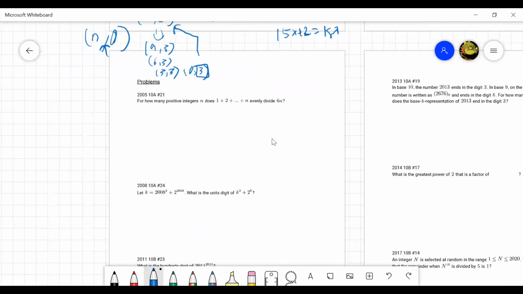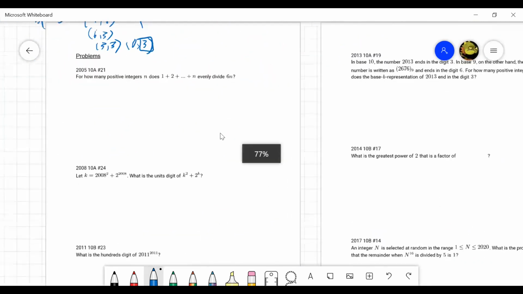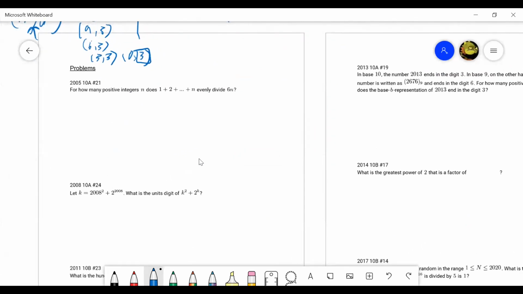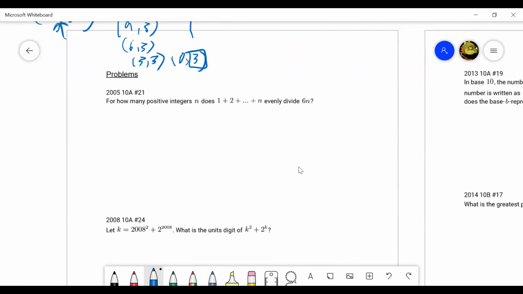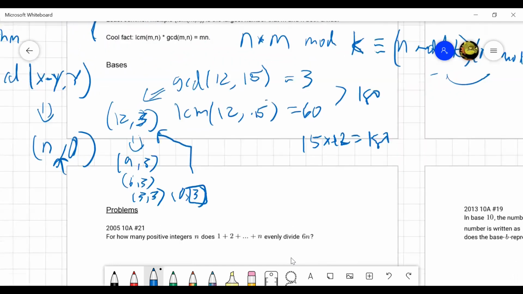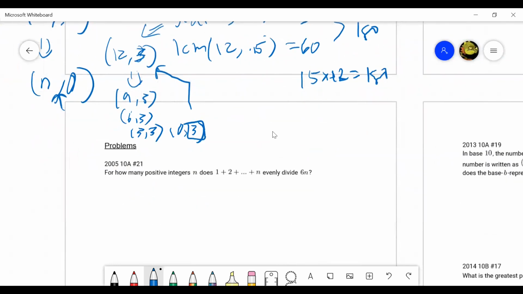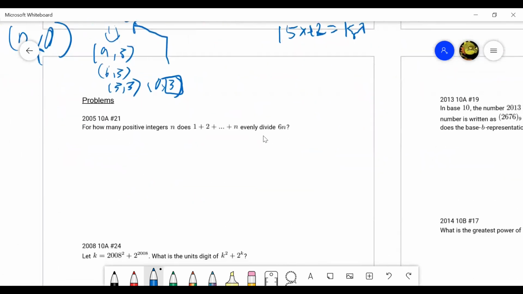All right, so I think we start from this one. How many positive integers n does the sum from 1 through n evenly divide 6n? This one is just a basic factoring problem. It basically tests your factoring, or just how factors work. That's really all it is.